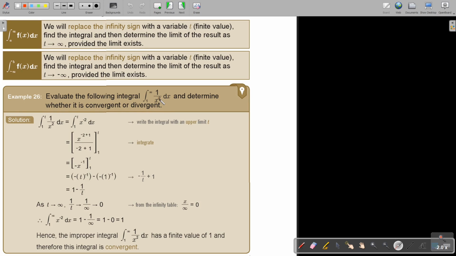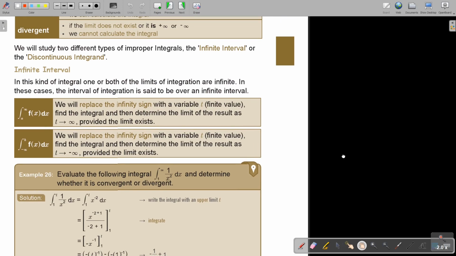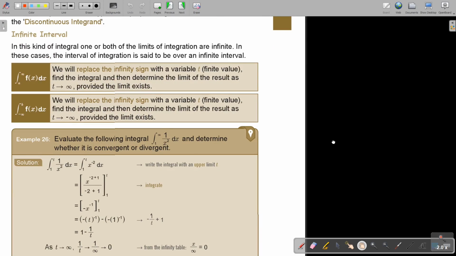Okay, now very important, let me just take you back there. If we get a number, it's convergent, and if we don't, if we just get an infinite sign, then it's divergent. Okay, so keep that in mind. Let's look at this example.